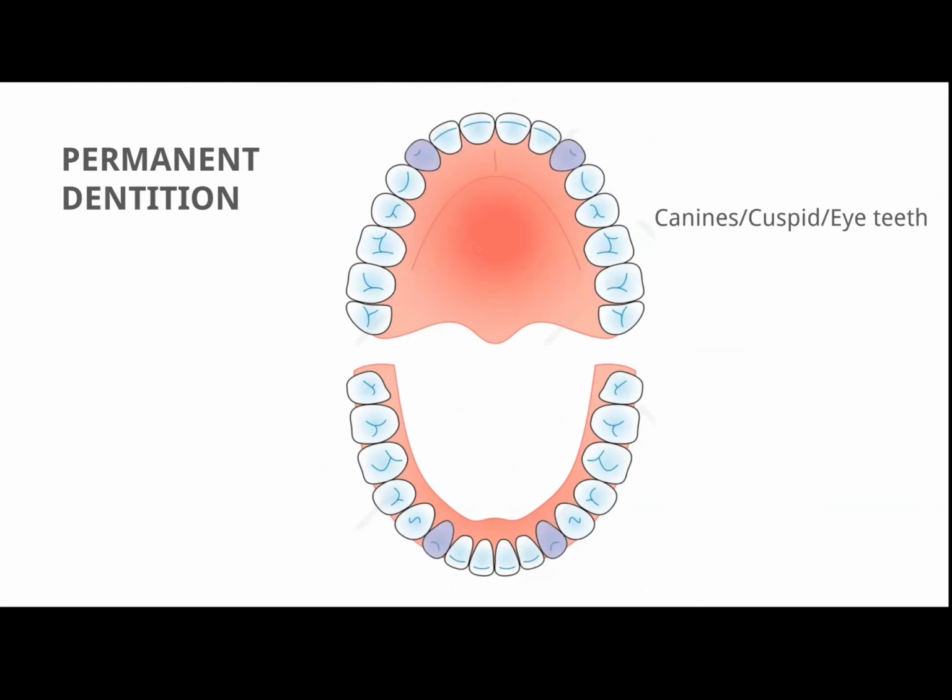Then we have your canines, which are also called cuspids, or eye teeth, or colloquially fangs because they're pointy. After that, we have the first set of bicuspids or premolars, and they're called bicuspids because they have 2 cusps each. And we have a second set after that, which is the second bicuspid or premolar.